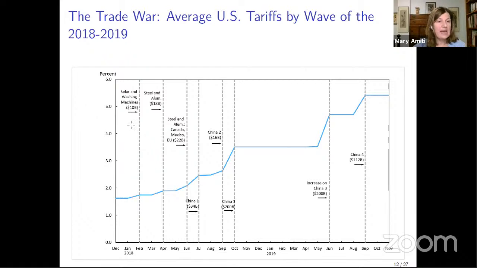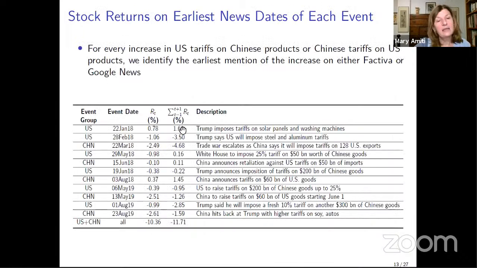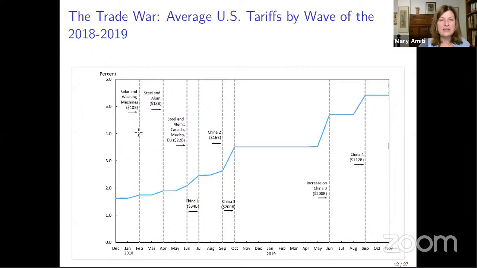And then that counts. What we found was that the very first announcement was on the 22nd of January. Then we said, okay, what's the next one? Here we have steel and aluminium, but this second one is about the EU and other countries. It was only the first one that included China. So that's the event for which we want to find the first announcement date.